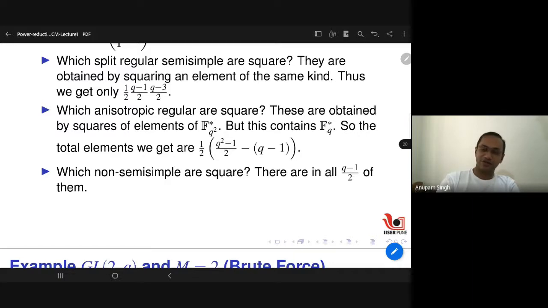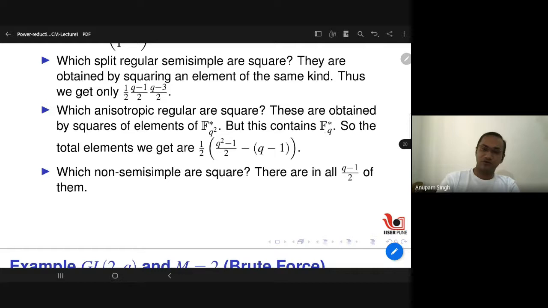I hope that is clear to everybody. This is a simple field theory thing. So think about it. It will contain F_q star because obviously F_q square contains F_q first of all, right? So those half of them which have a square root are already there.